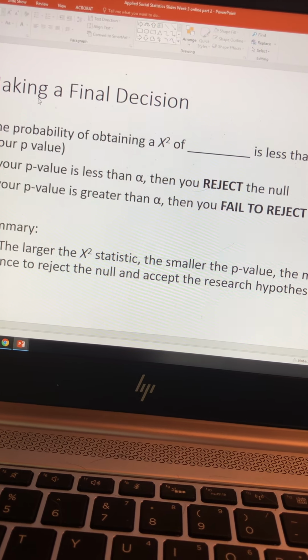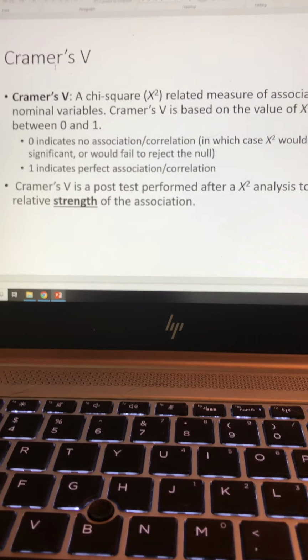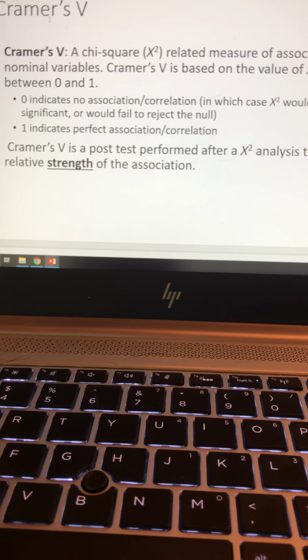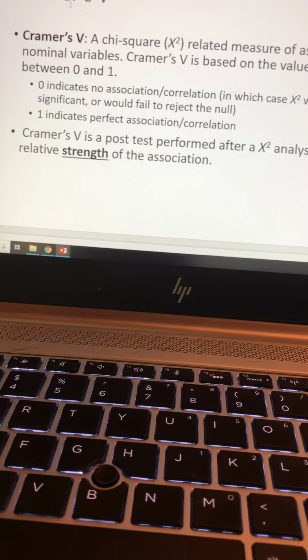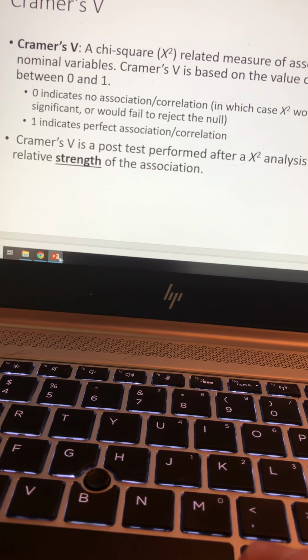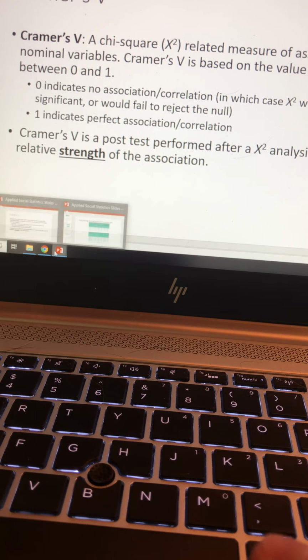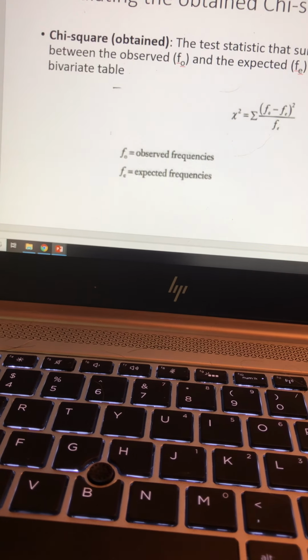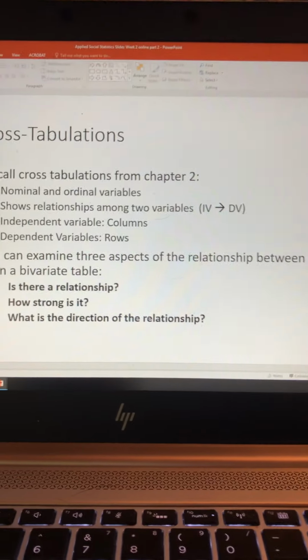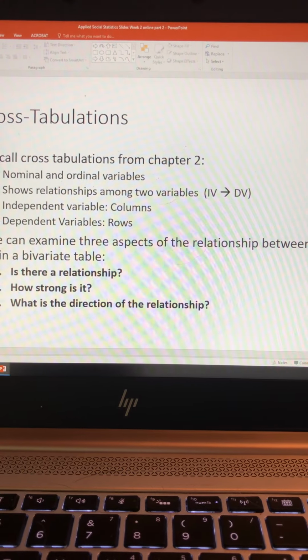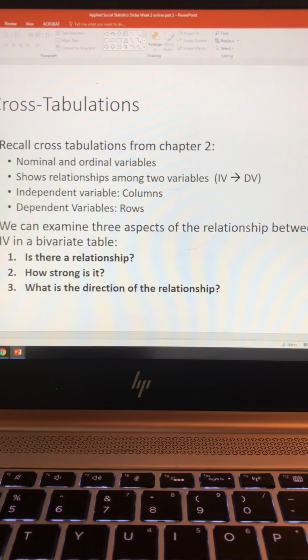So hopefully that's clear. Okay, so the next thing I want to get into is an assessment of strength and direction. If you go back to the old slides, I think the first thing I told you was that we can examine 3 aspects of the relationship. Is there a relationship?